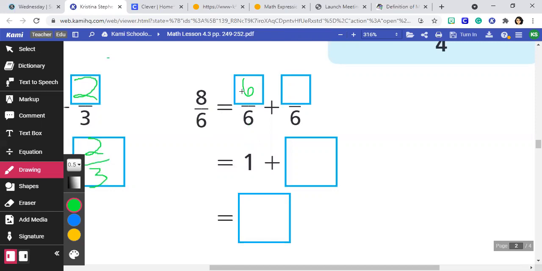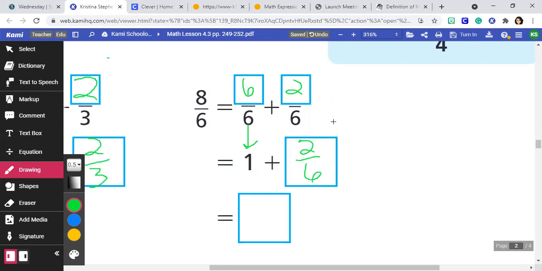So if I have 6/6 here, how many more do I have to represent here to total 8? Let's count up from 6. 6, 7, 8. Hopefully you said 2. Well, 6/6 becomes 1 whole, but 2/6 cannot change. So it's going to stay as a fraction.